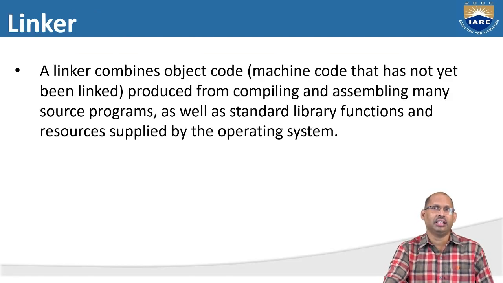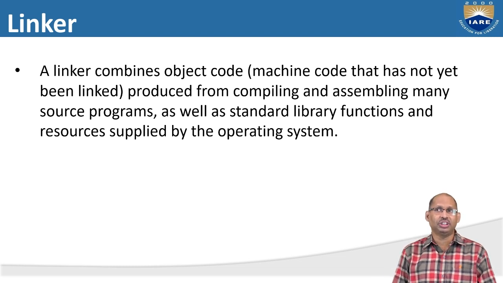So the linker combines the object code, machine code that has not yet been linked, produced from compiling and assembling many source programs, as well as standard library functions and resources supplied by the operating system. The linker's main task is to combine the object code of header files and other programs with the current program.